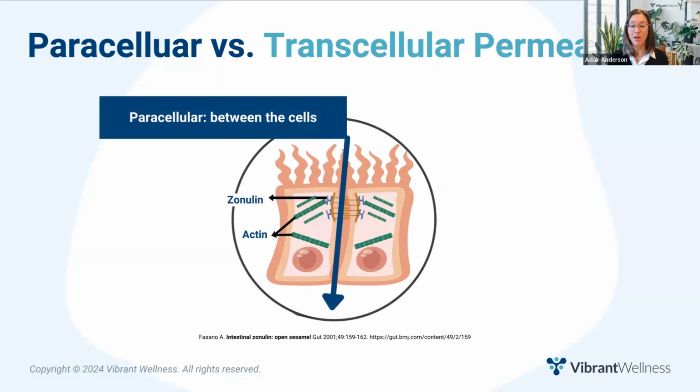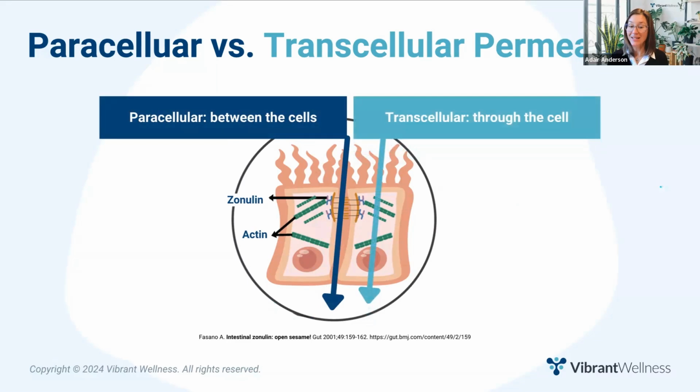Zonulin is a signaling molecule that says, "Open sesame" to your intestinal cells. In fact, the scientific paper with the same name is cited at the bottom of this slide. On the other hand, transcellular permeability is a passage of molecules through the cells themselves. Transcellular permeability is usually the result of antibodies against actin.